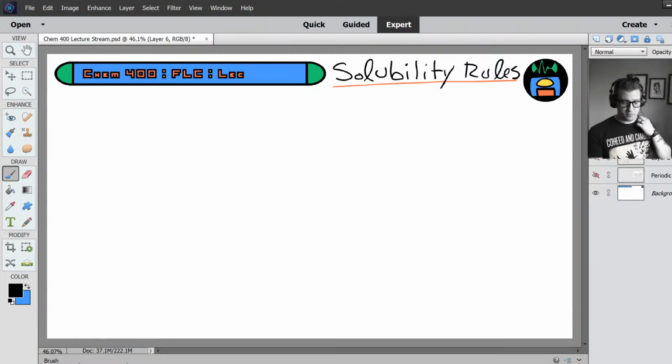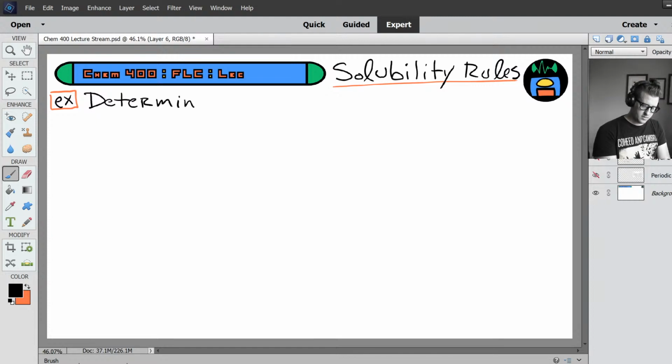For the following problems, all of these are going to have the same set of instructions. Determine if a precipitation reaction occurs.